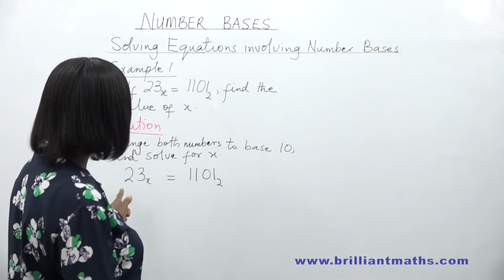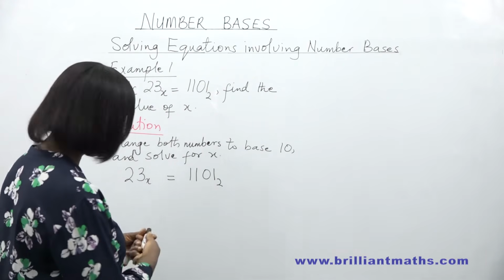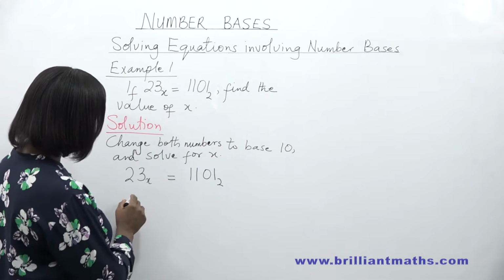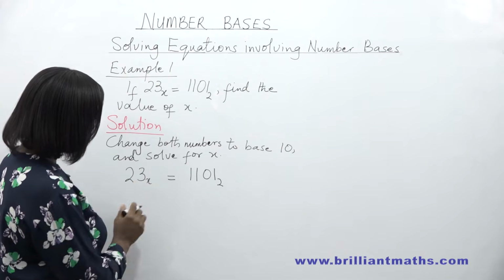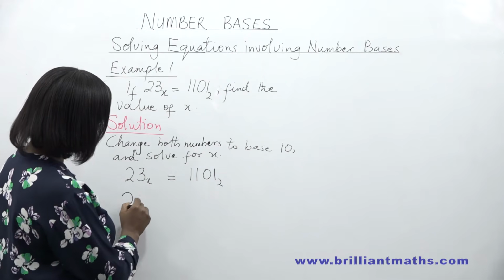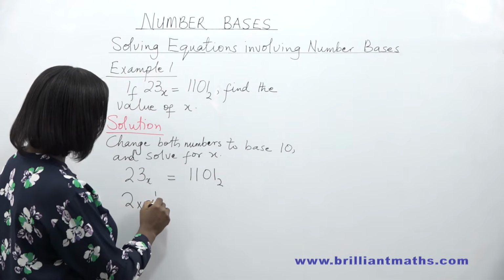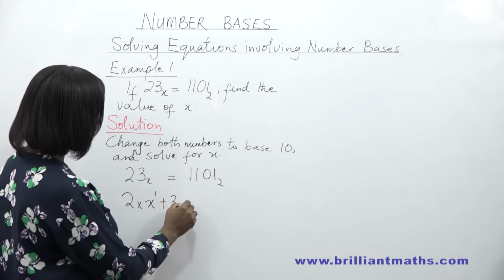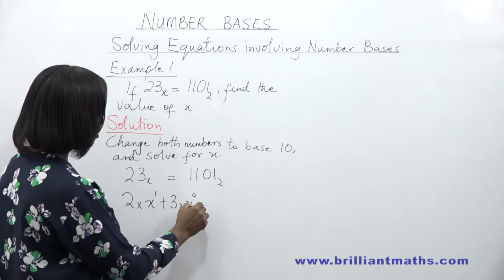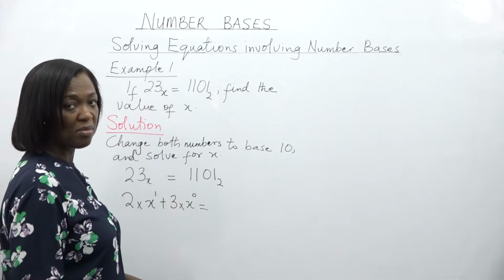So let's see, we have 23 base x. That becomes, if we count the digits, 0, 1. So we're doing 2 times x to the power 1 plus 3 times x to the power 0. I hope you remember that.